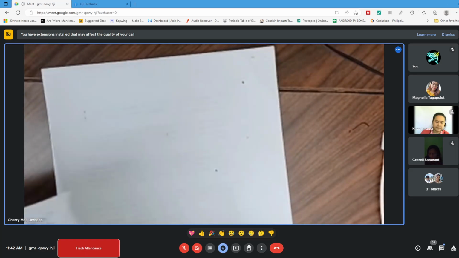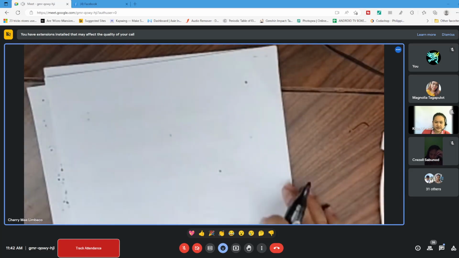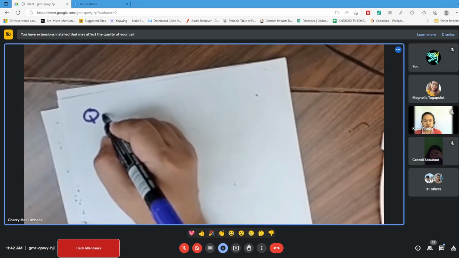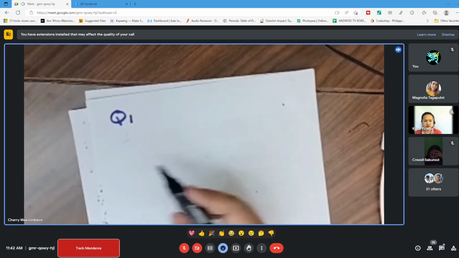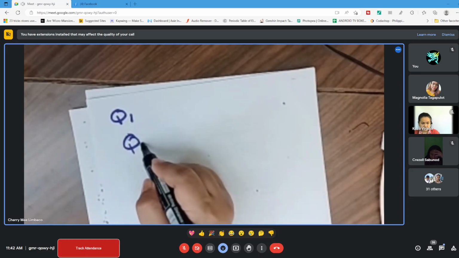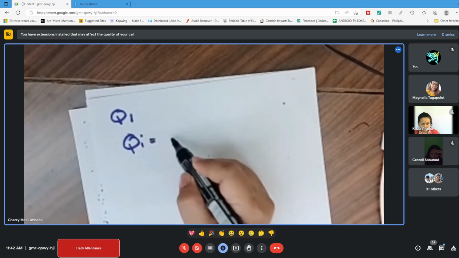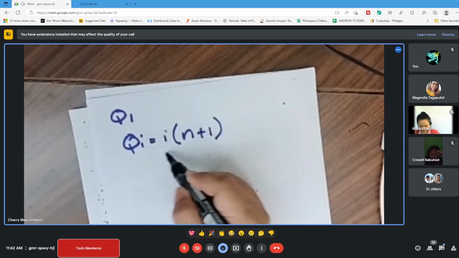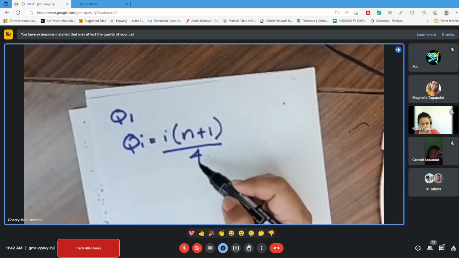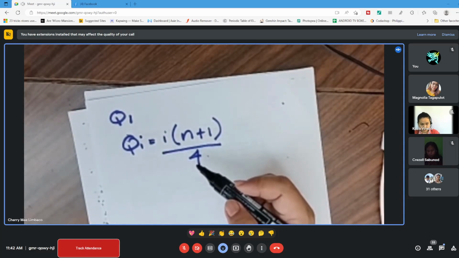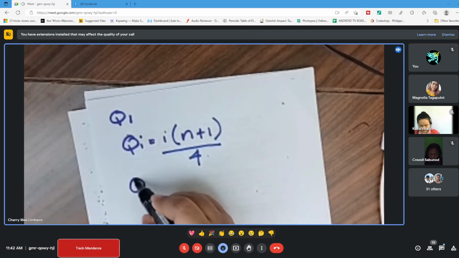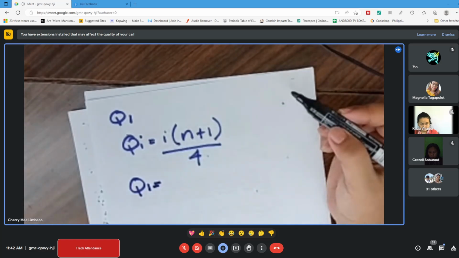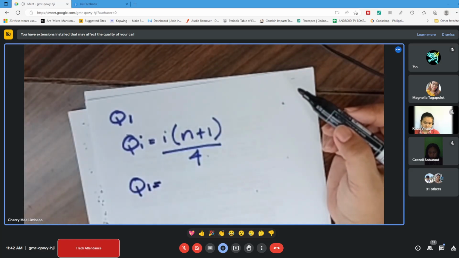Okay. Now, let's solve for Q1. Ang formula nato is Qi equals i(n plus 1) over 4. Now, I'm asking you to solve for Q1. So, Q1 is equal to, kaning i, unsa nga number akong ipuli sa iya? 1.